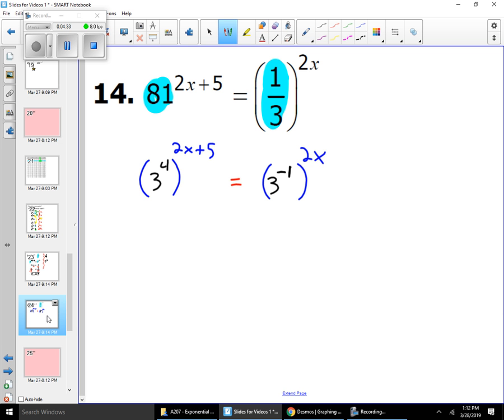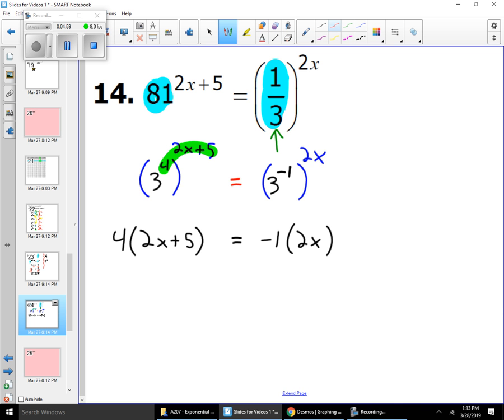So we've seen quite a few power to a power problems at this point. What we need to do is multiply the inside power by the outside power. So we'll wind up with a 4 times 2x plus 5 on the left, and a -1 times 2x on the right. So the algebra here is not too bad. The trick is really knowing what to do with that fraction.